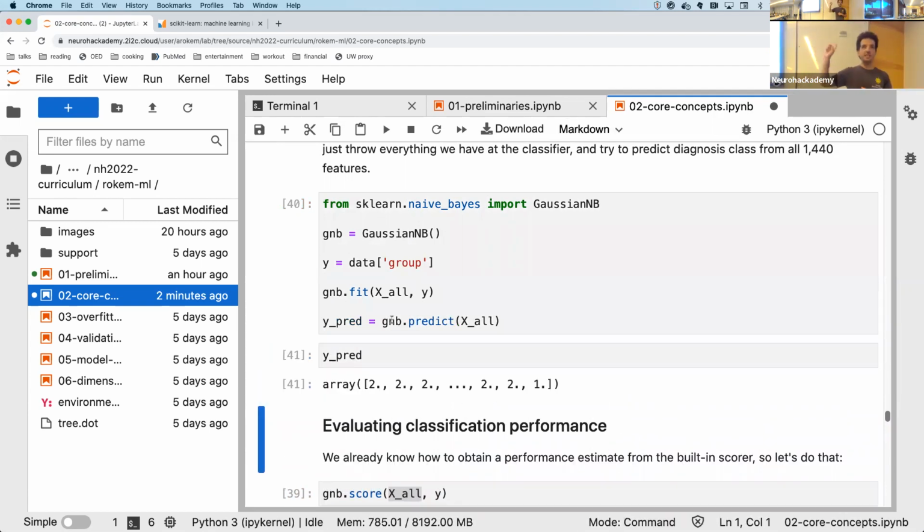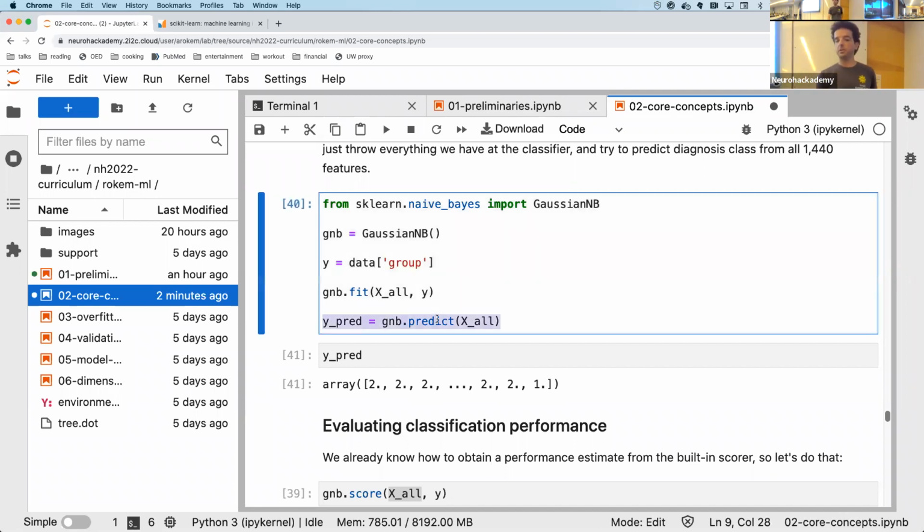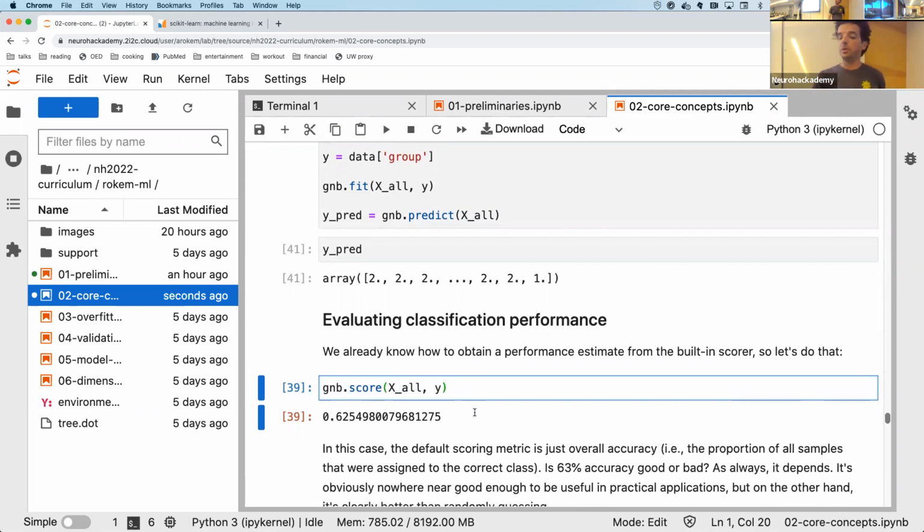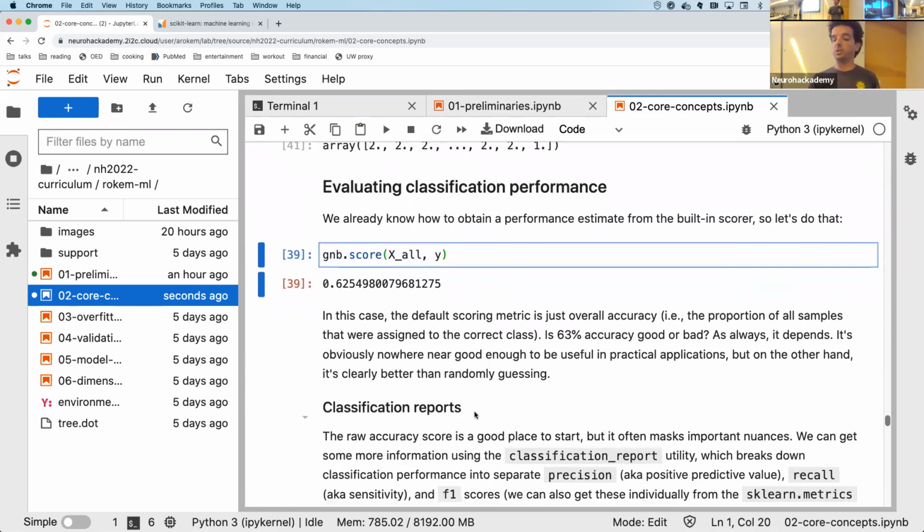Because the original classes were 2s and 1s for have or do not have a diagnosis of autism. So it does have a predict. We didn't have it first because we were just classifying and getting one number with accuracy. Right here, we jumped straight to scoring this, to just how well did it do, without looking at the predictions necessarily.